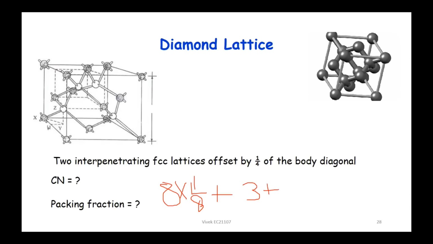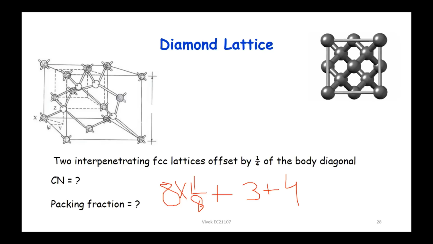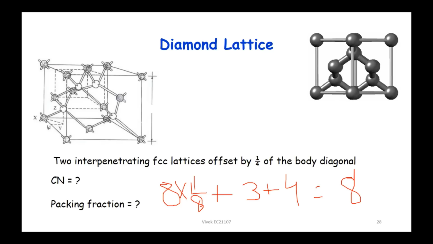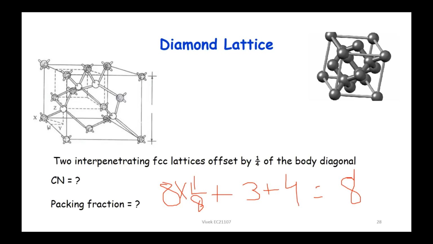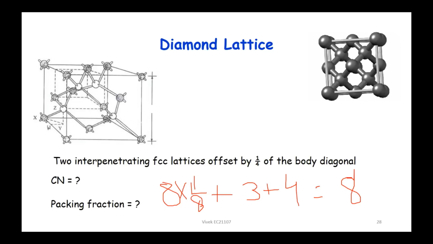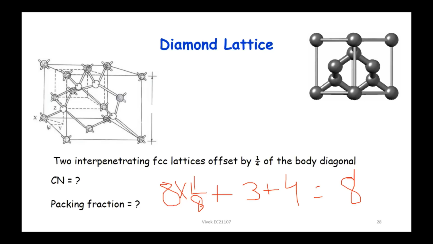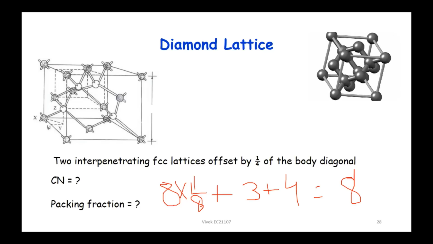Then there are 4 atoms inside the body, so there are total 8 atoms, and they are inside a cube of side length A. So the atom density will be 8 divided by A cube.